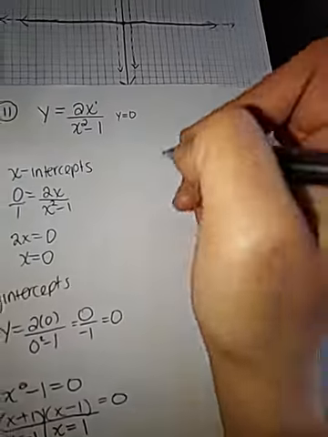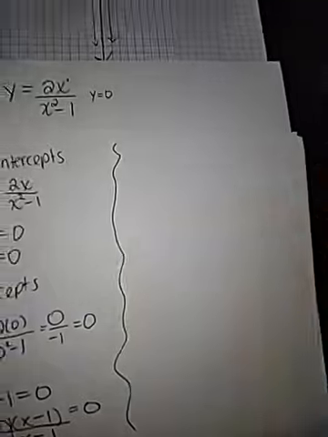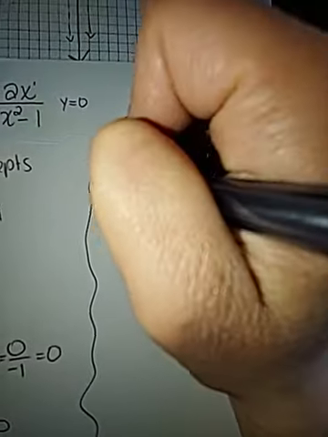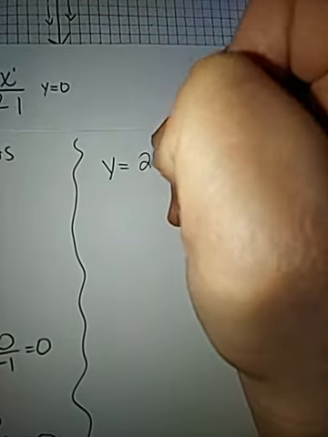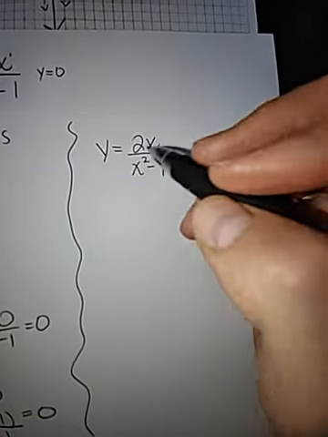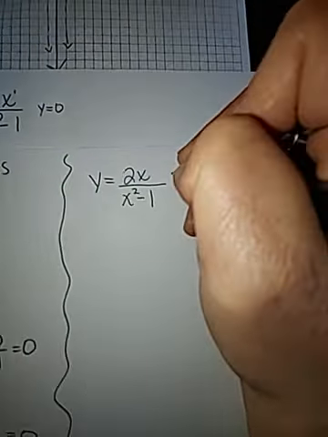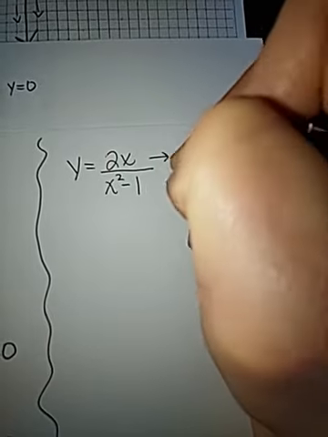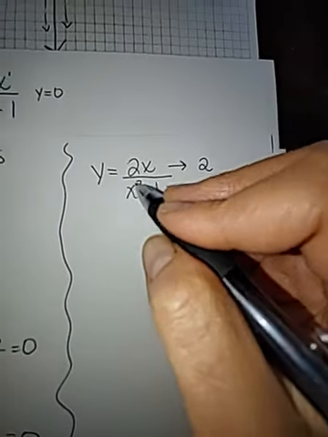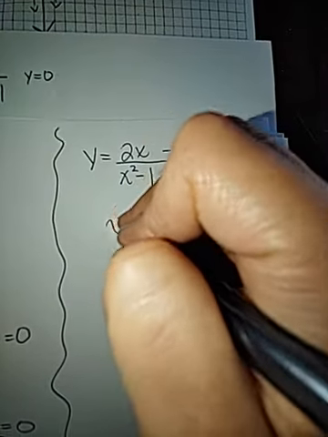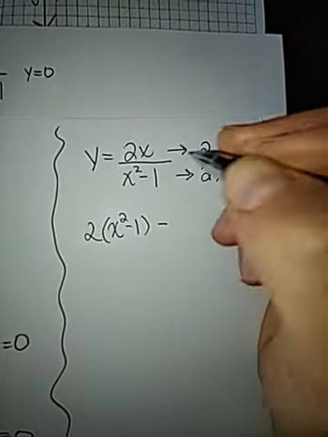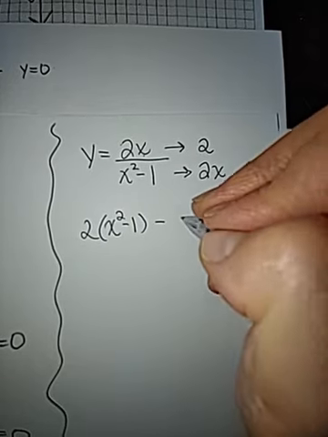All right, so now I'm going to look for critical values to see if I have any relative minimums and maximums. So let's find our first derivative. First derivative here, I have to use my quotient rule. This is 2. This is x squared. So x squared minus 1 times 2, minus 2x times 2x.